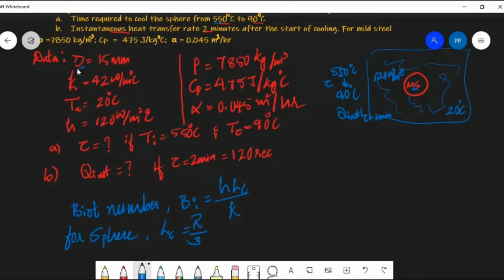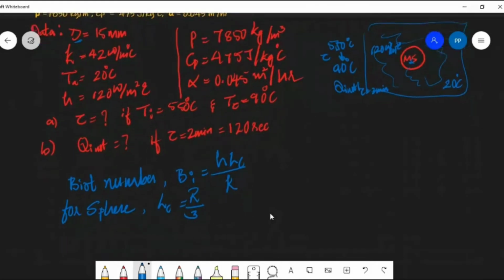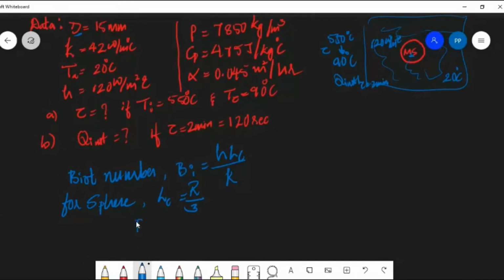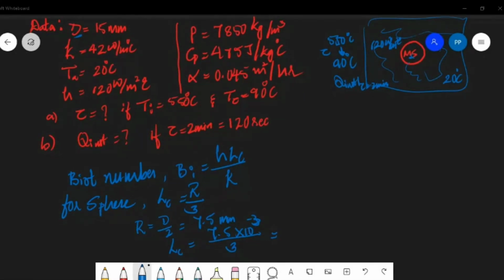Here they have given the diameter, so radius will be equal to diameter by 2, which is 15 millimeter divided by 2, that is 7.5 millimeter. So the characteristic length will be equal to 7.5 into 10 to the power of minus 3 divided by 3, so 2.5 into 10 power minus 3.